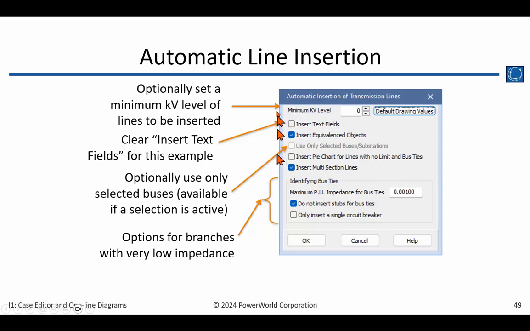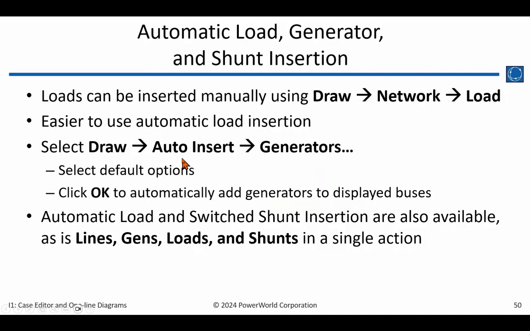So these are the options described right here on this slide. And you can also automatically insert loads, generators, and shunts as well. There's a separate step for that, or you can also do it in a single step by automatically inserting the lines with the generators, loads, and shunts.